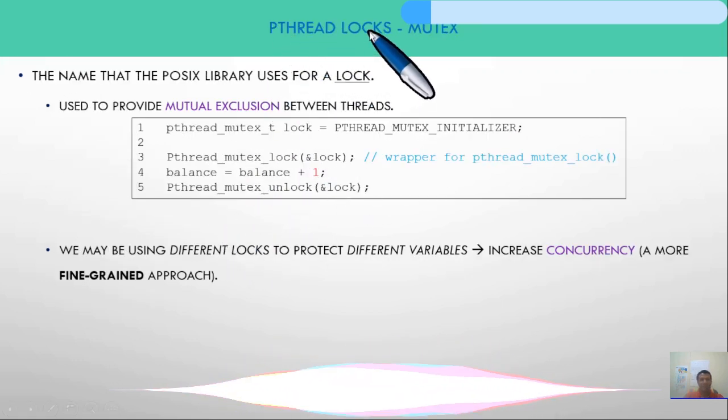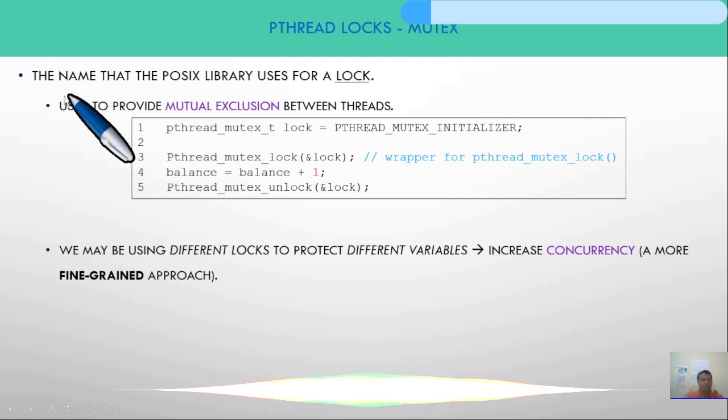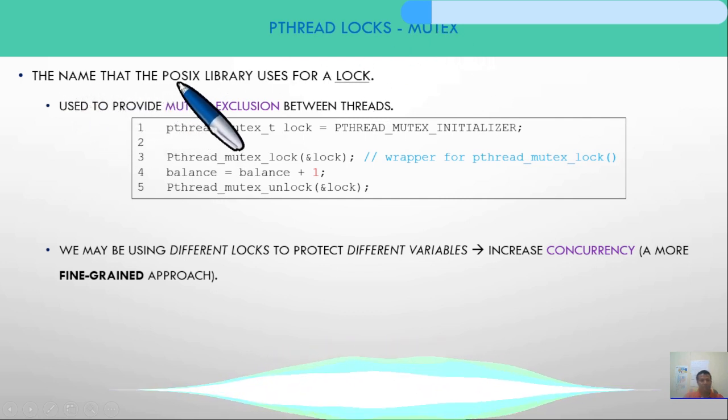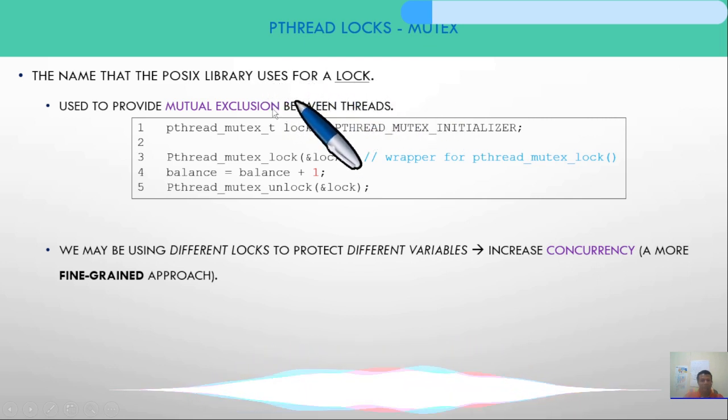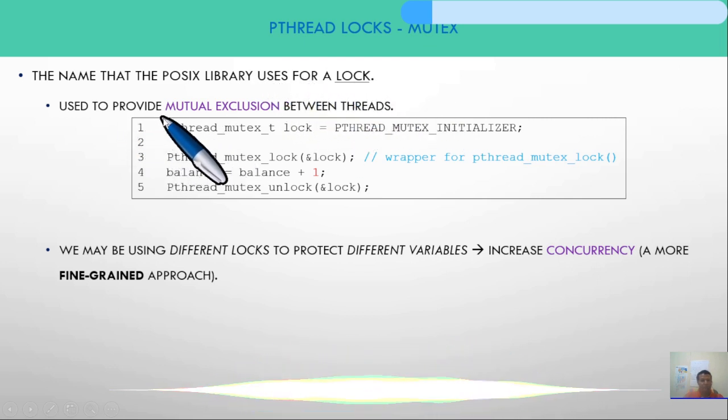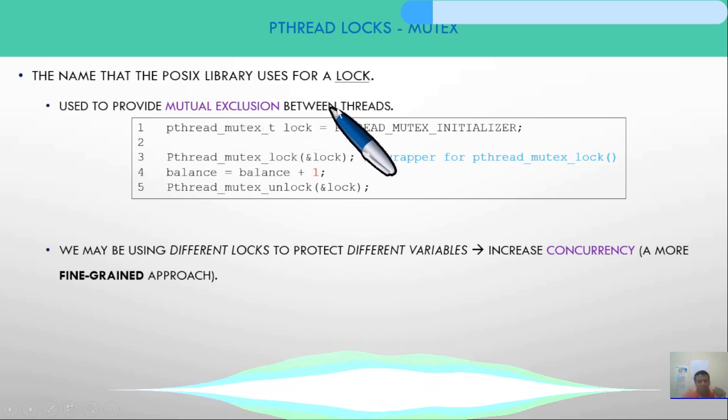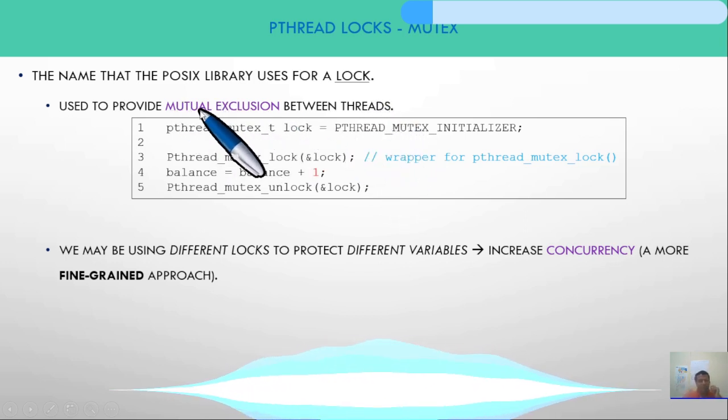And the Pthread locks: a mutex is the name that the POSIX library uses for a lock, used to provide mutual exclusion between threads. This concept is very important.